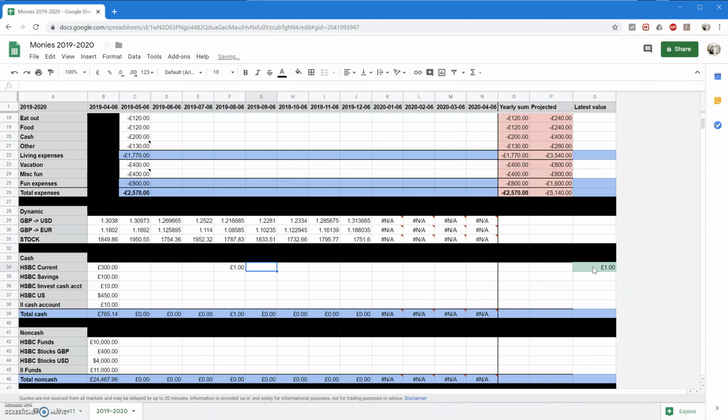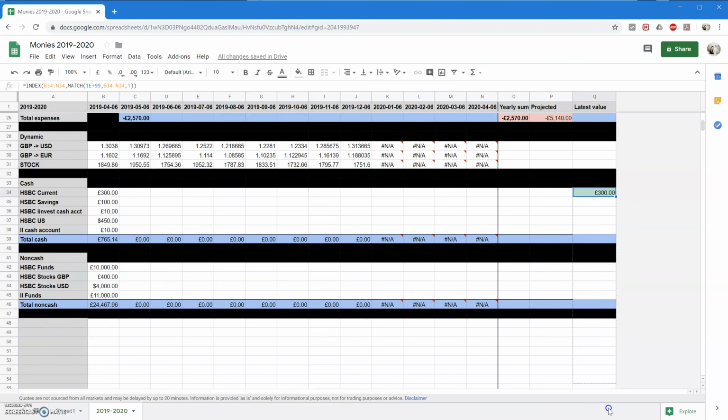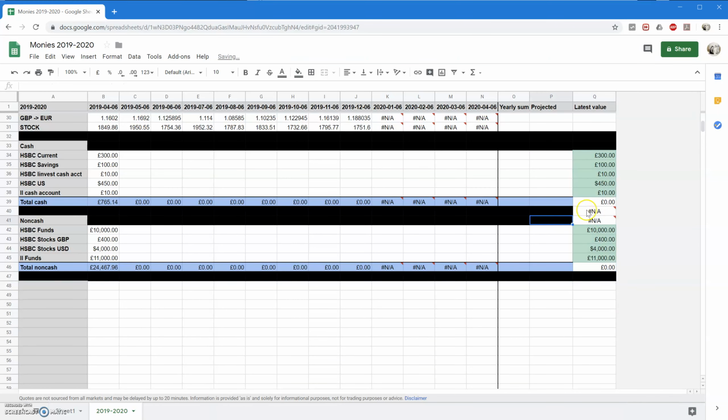If I put a 1 here, you see that it changes. So it always picks the latest value. Let's go all the way there.